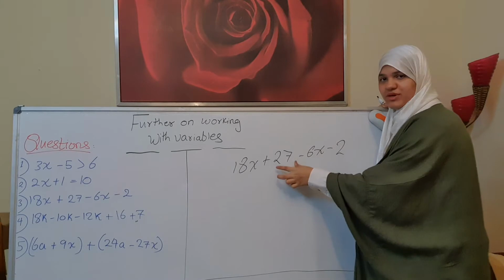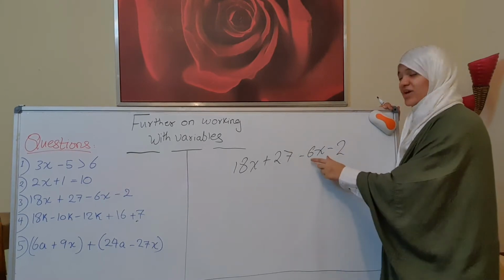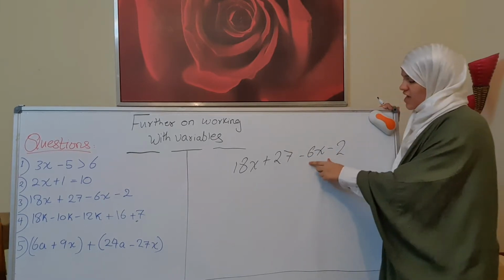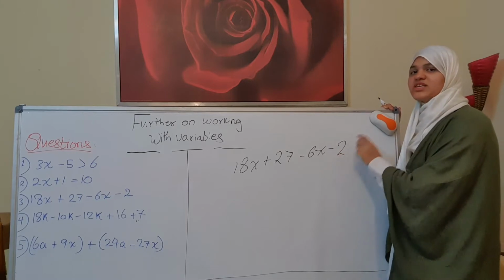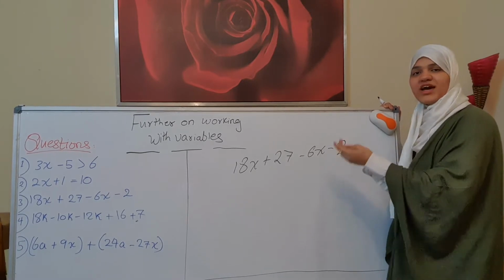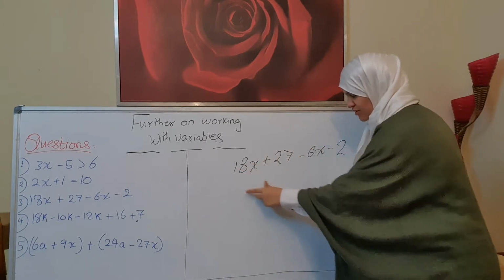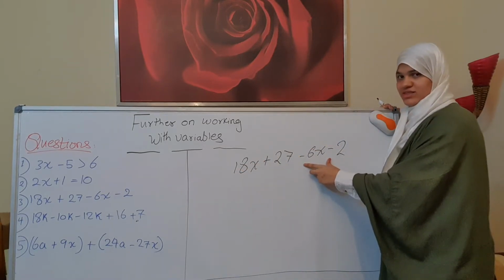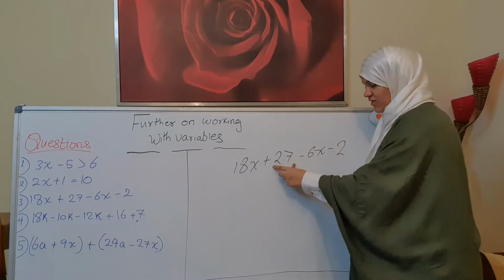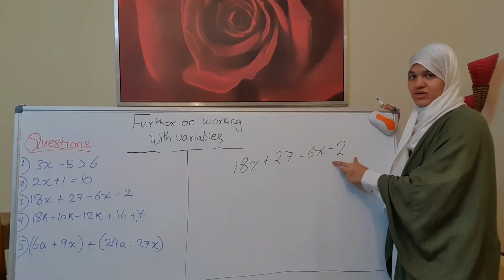It is only a number. The same thing, we have here the variable of x, and 2 is a number without a variable. So that means we have two kinds of like terms. That means 18x will be with negative 6x, and 27 will be with minus 2.